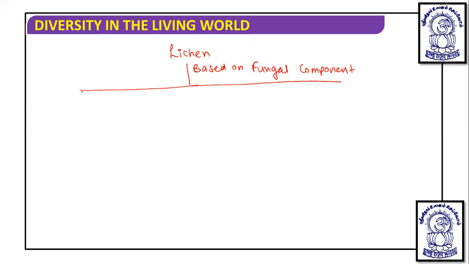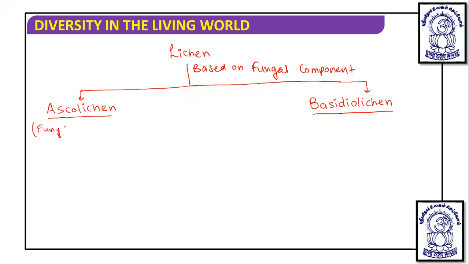The first one is ascolichen, and the other one is basidiolichen. In ascolichen, the fungal partner is ascomycetes.